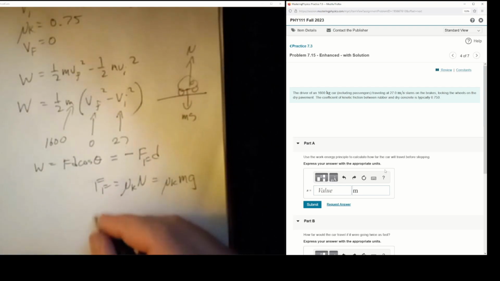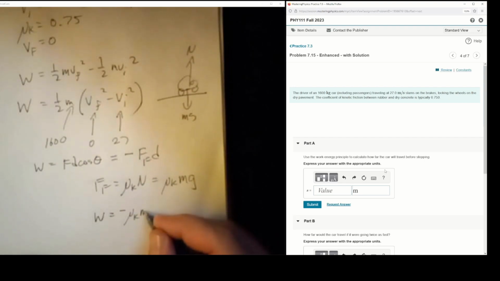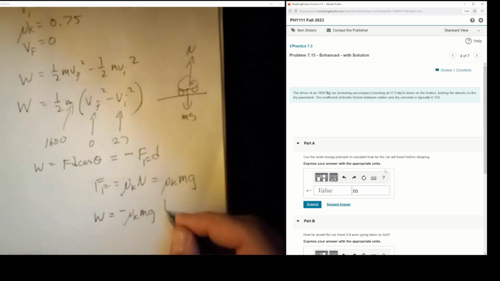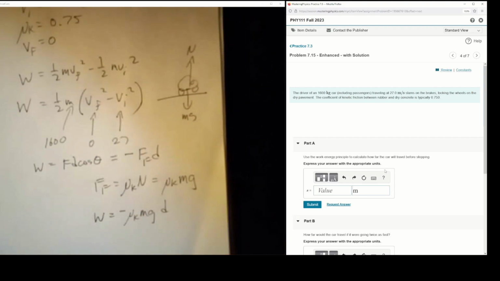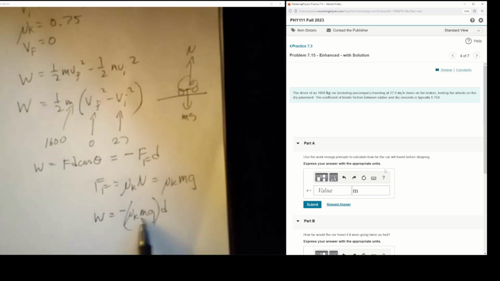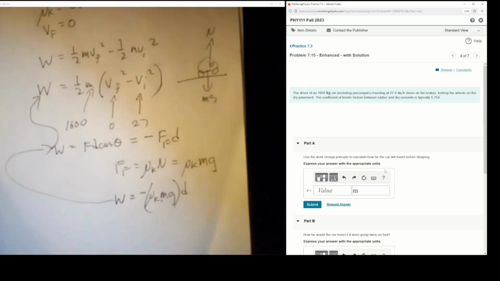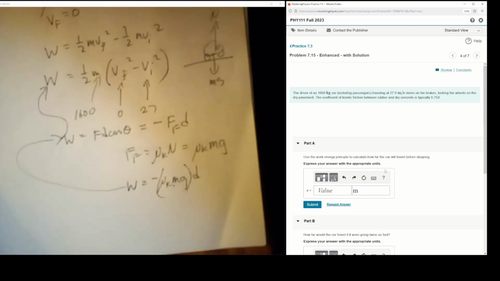So looking at our work, we have minus mu k m g times d, the distance traveled. That's the force, the distance traveled, and a minus sign that comes from cosine 180. And this work equals that. I'm going to write that all down.